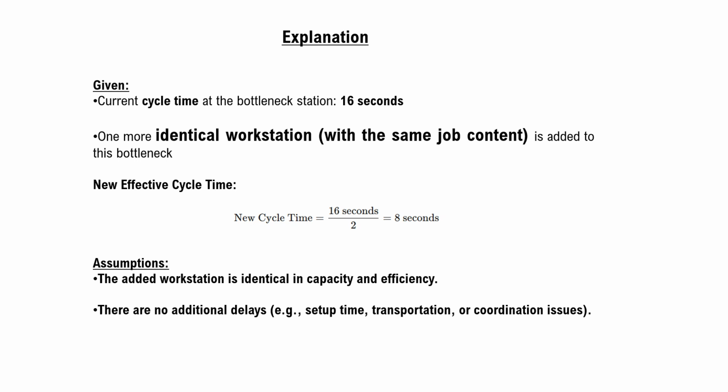That is, the new cycle time is 16 seconds divided by 2, that is 8 seconds. Our assumptions here are that the added workstation is exactly identical in capacity and efficiency, and there are no additional delays like setup time, transportation, or coordination issues.